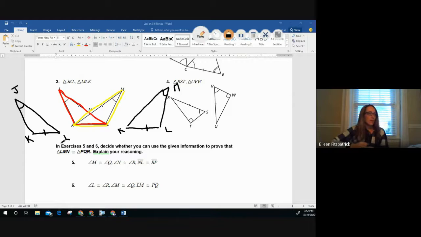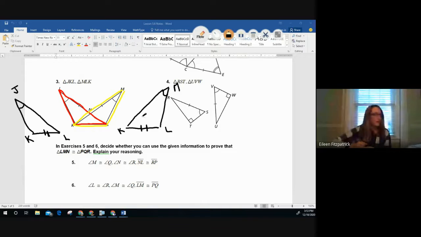So the reflexive property tells me that KL is congruent to KL. And then I also know that this side right along here, JL, has to be equal to, that is congruent to that. I'm sorry, we don't necessarily know that. Let's back up. All right, we do know this reflexive piece right here.